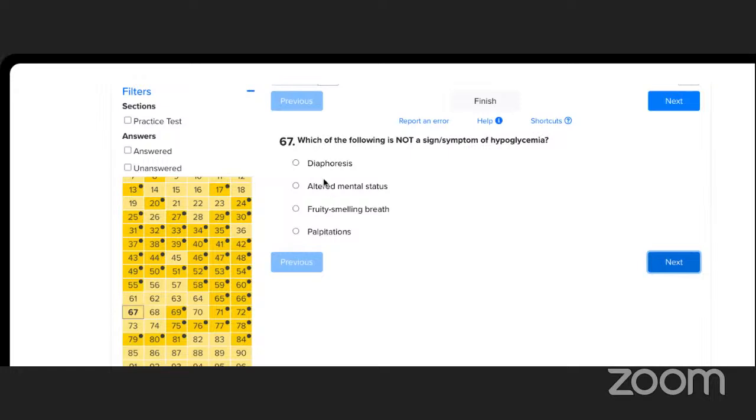Heart palpitation is a sign. So the one that is not is a fruity smell. That means everything else is. So signs of hypoglycemia: diaphoresis, altered mental status, and palpitations. Fruity-smelling breath is hyperglycemia. Okay, so that's hyperglycemia.